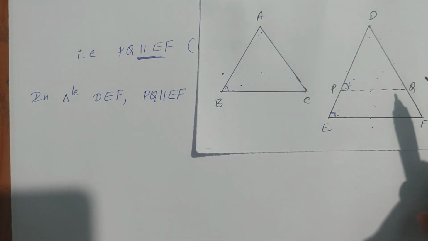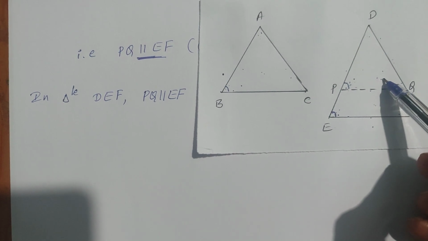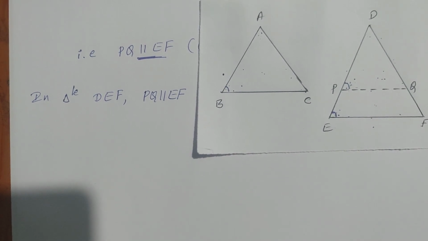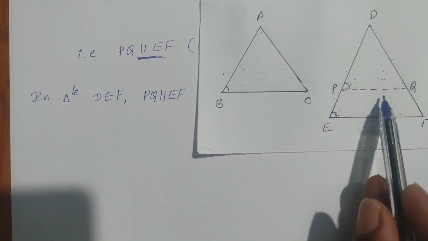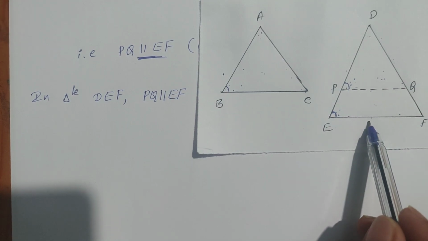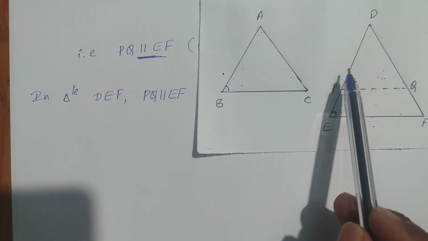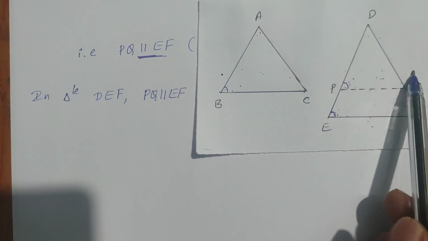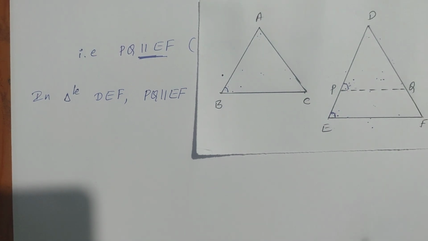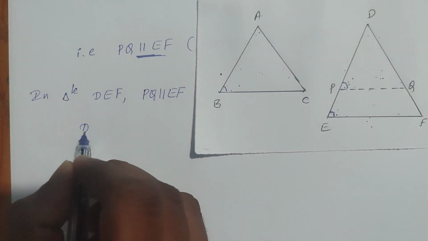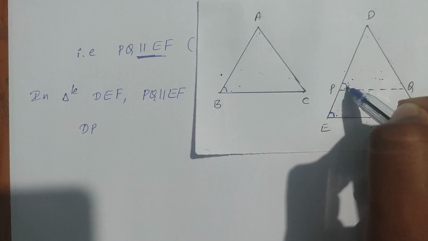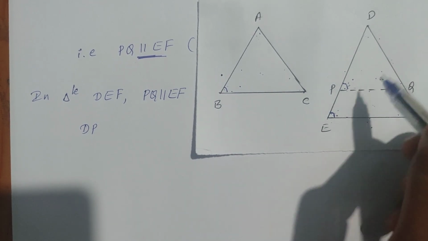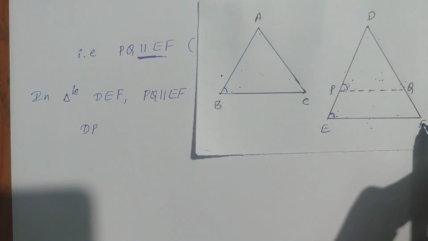I can apply BPT for this second triangle. In the BPT we know that if a line is parallel to any one side of a triangle, it divides the other two sides in the same ratio. So I can take DP divided by PE and DQ divided by QF.